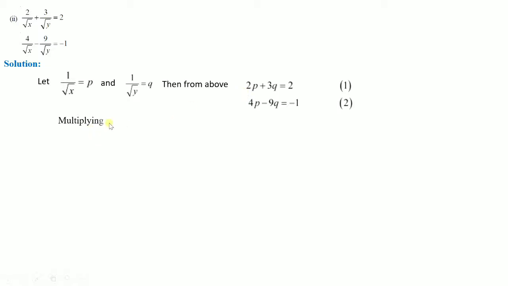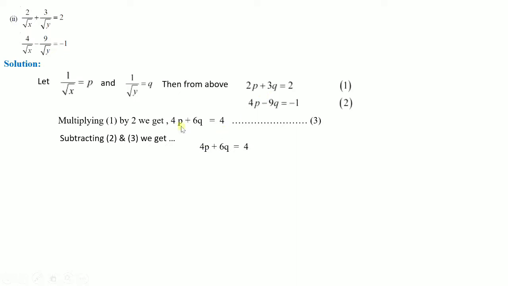So multiplying equation number 1 by 2 to get this 4, it will be 2 into 2 is 4p, 3 2s are 6q, and 2 2s are 4. So this is converted into equation 3. Now our target is equation number 2 and equation number 3. Since the coefficients are equal, 4p and 4p, we subtract.